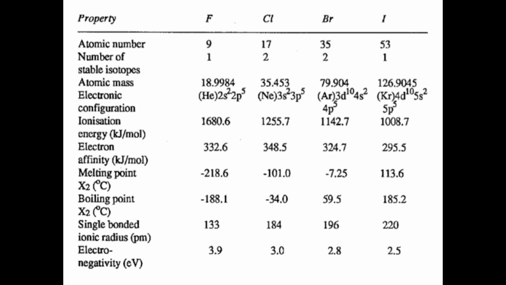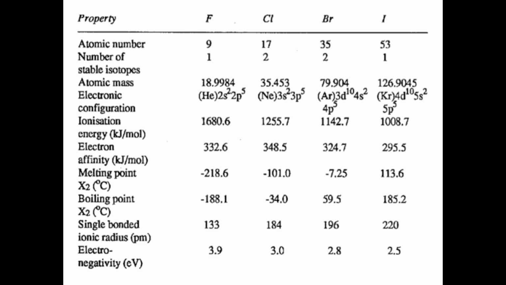The same with electron affinity. Electron affinity is the ability to gain an electron, that is, the addition of an electron. Since the electronegativity is decreasing, the ability to add an electron will also decrease.